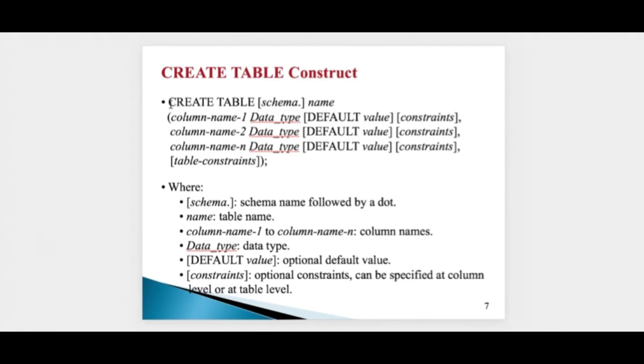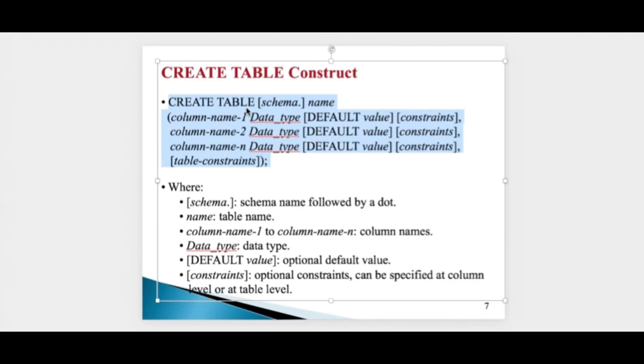How to use create to create tables? We write create table. If we want to create schema, then we write create schema. This is the general format of writing the statement structures.